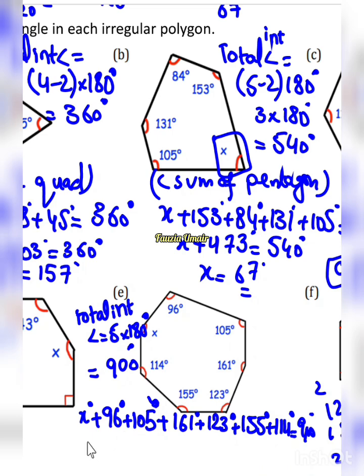So now if we add all these values, 96 plus 105, I'm doing it in the rough work because I don't want to make a mistake. 93, 123, 155, 114.